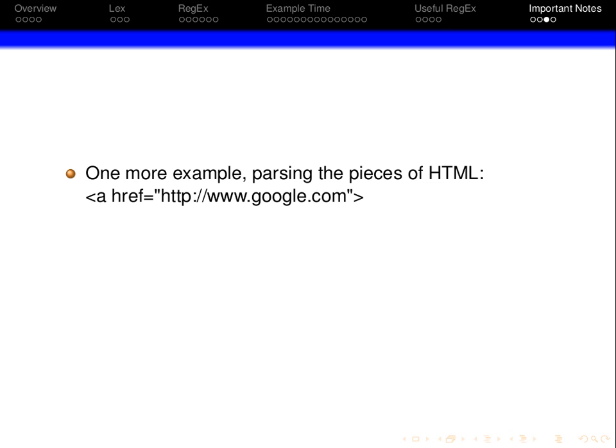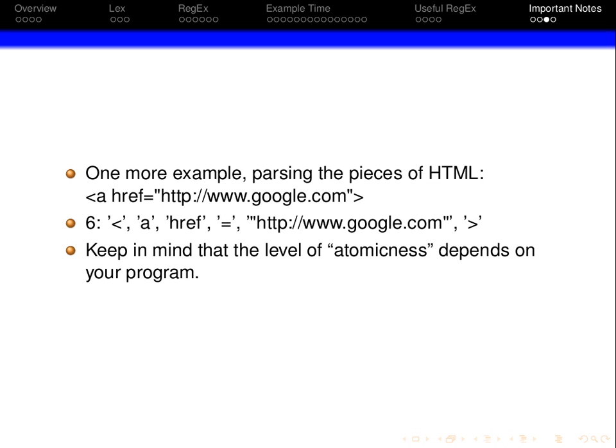How about another one? Starting, string, then a, href, although this one is actually negotiable. It depends on what you're doing, that's my other point here: it depends. Would you do the A or the tag in one token, or multiple? So how many did I say? I said 6.